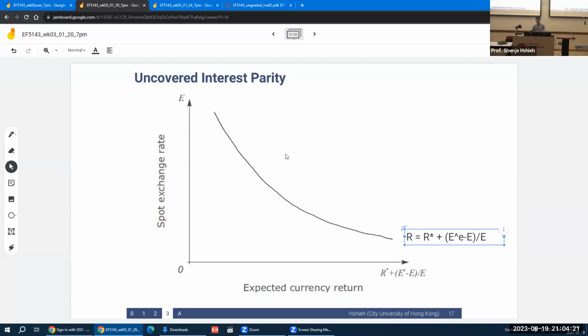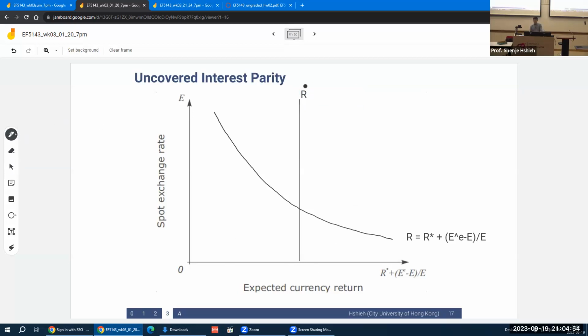Every point along this curve represents an equilibrium, meaning no incentives for carry traders to come in and bid to change the price of the spot exchange rate. As you will see, we can now analyze this from the central bank perspective if they decide to change interest rates. That's what this vertical line represents: interest rates.